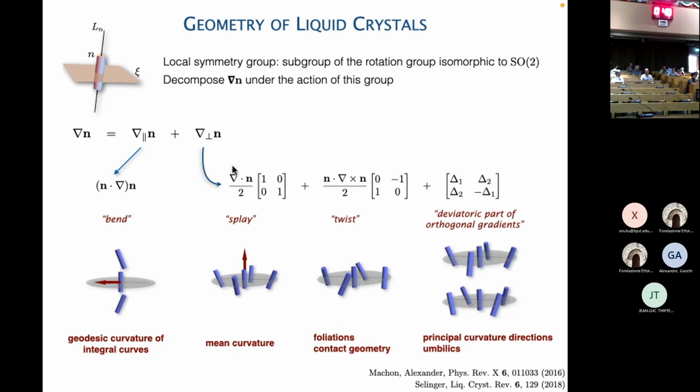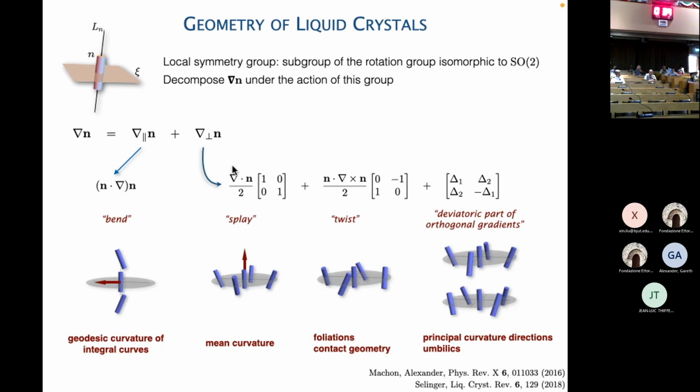And that's a subgroup of the rotation group that's isomorphic to SO2. And what I do is I take the gradients of the director field and I break it up into pieces that transform independently with respect to that action. So at the crudest level, that separates out into derivatives, where I differentiate in the direction which is parallel to my little locally defined orientation, so I have parallel derivatives, or I differentiate in one of these perpendicular directions. So that's the first decomposition.